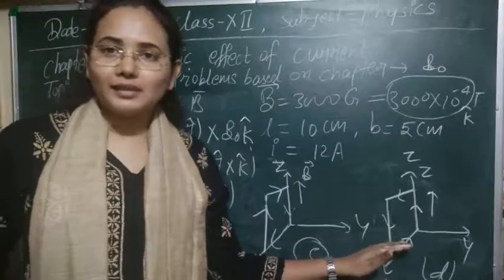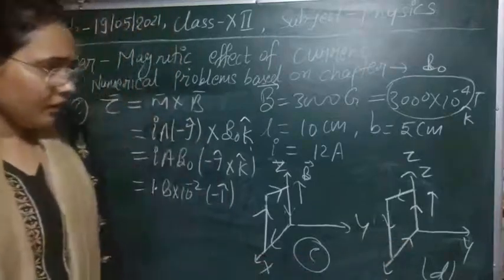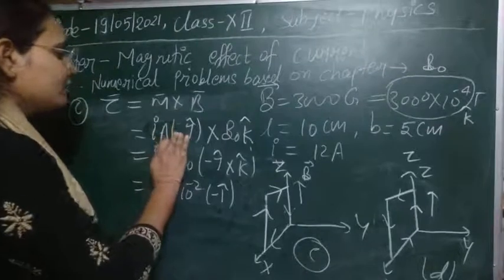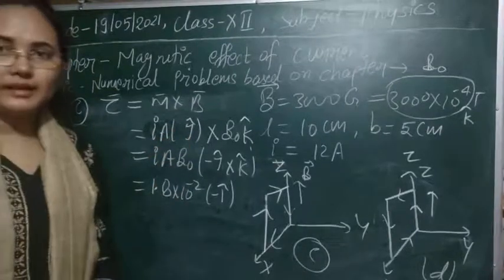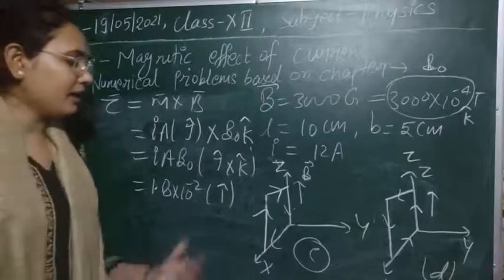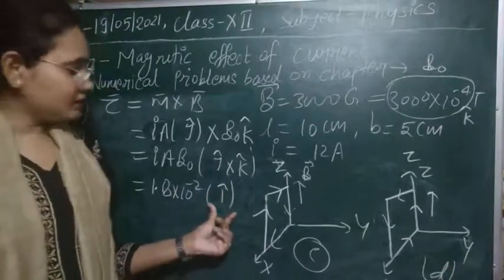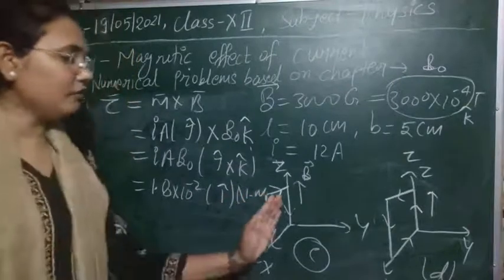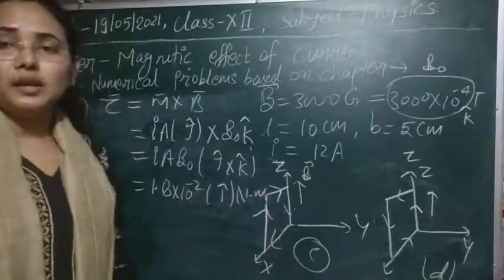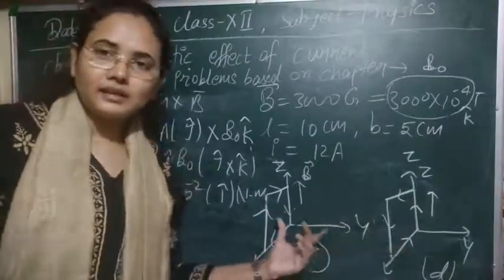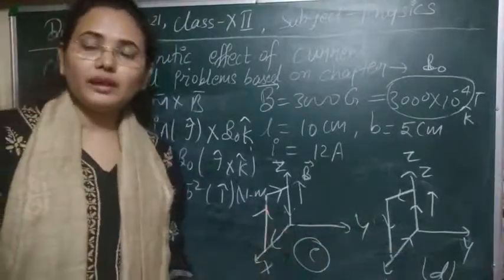Here we have anti-clockwise direction, so for that case we will take positive y-axis, and if you solve it, the torque will be along the positive x-axis, means this loop will try to rotate along the positive x-axis here, and in the other case it will try to rotate along the negative x-axis.